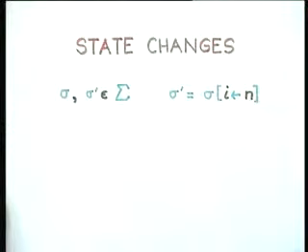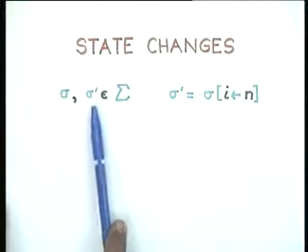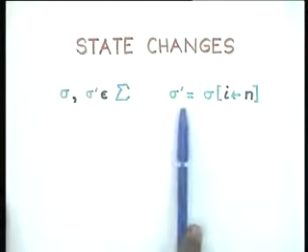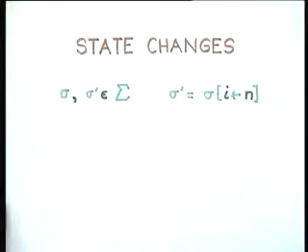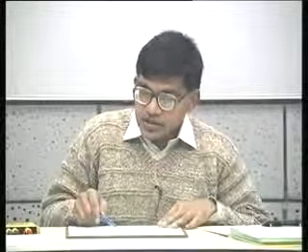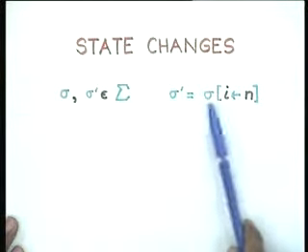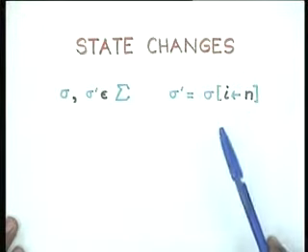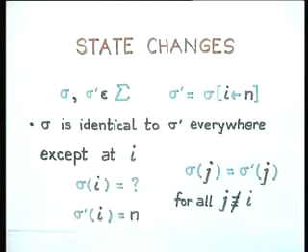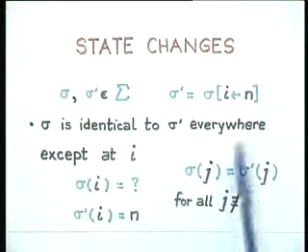So I will consider the change from sigma to sigma prime, represented in this fashion, as a one point change, in the sense that sigma and sigma prime are everywhere identical except at the variable I, and at the variable I, whatever may be the image of I in the state sigma, in the state sigma prime its value is n, and that's what this indicates.